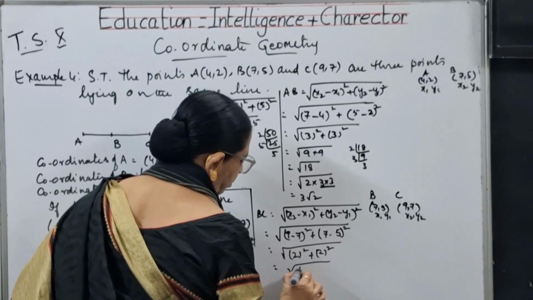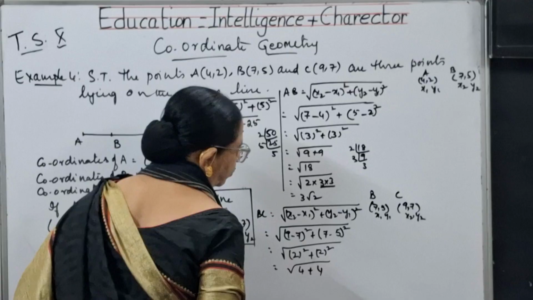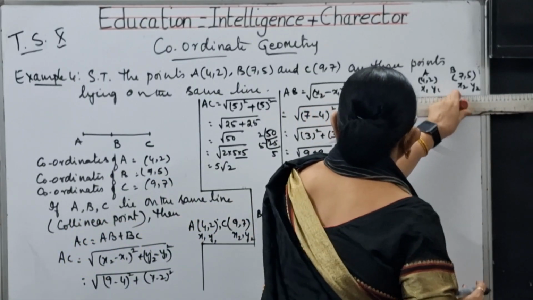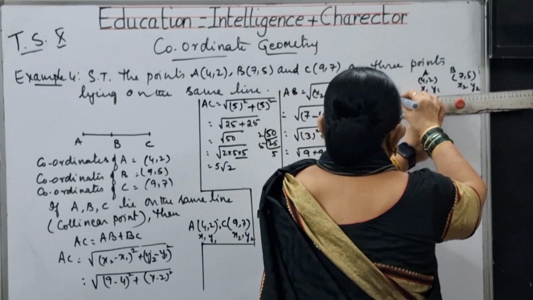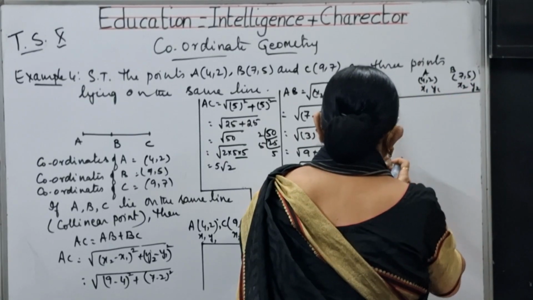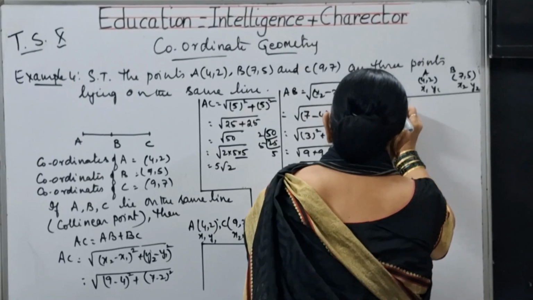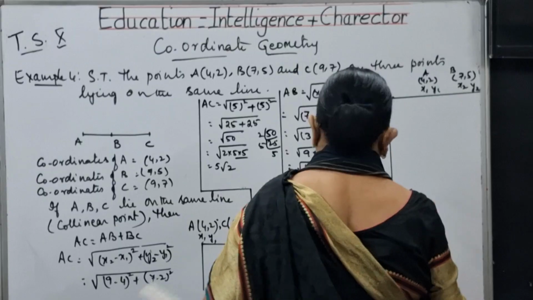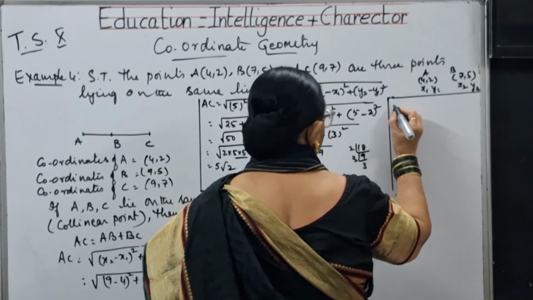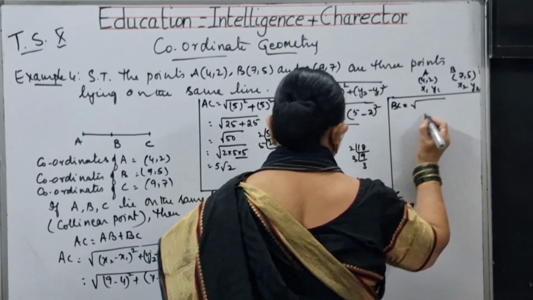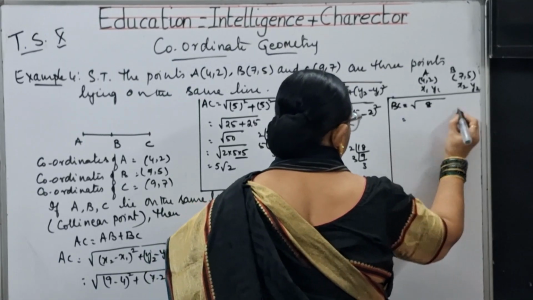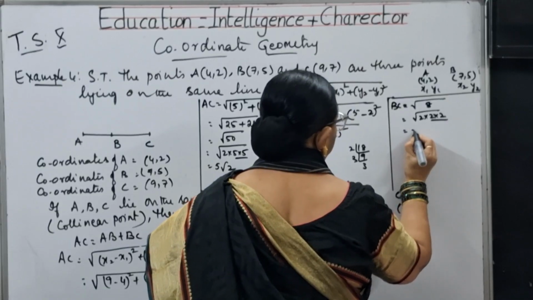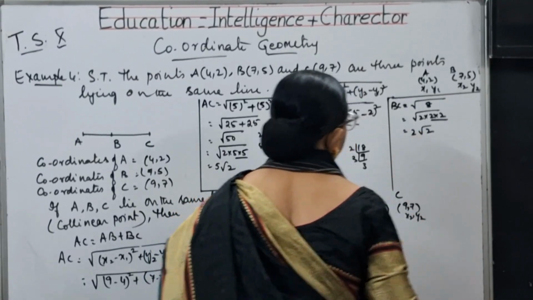That is root of 4 plus 4. So BC is equal to root of 8. 8 means root of 2 into 2 into 2. So instead of two 2s, one 2 comes out, 2 root 2.